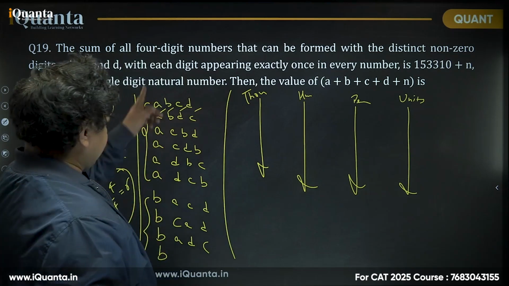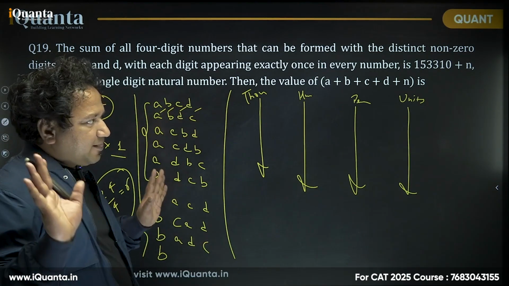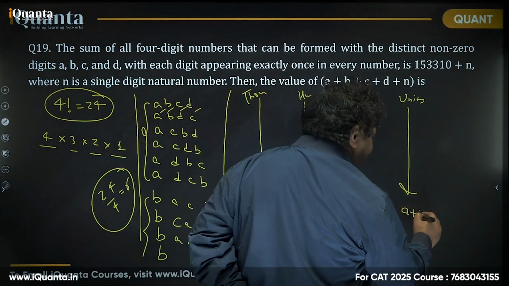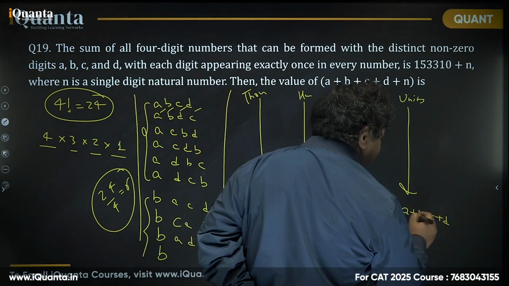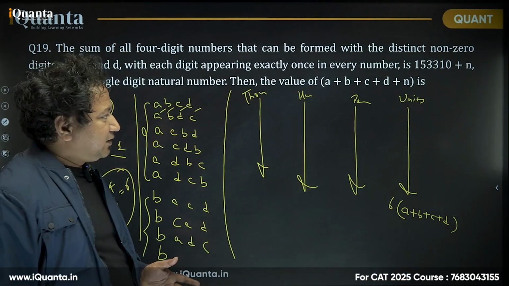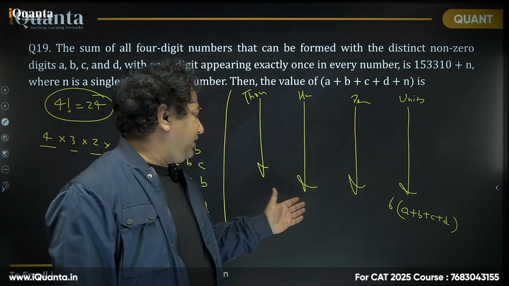Here I get A plus B plus C plus D, 6 times, because everything is occurring 6 times. And the same will happen in each of the other positions.